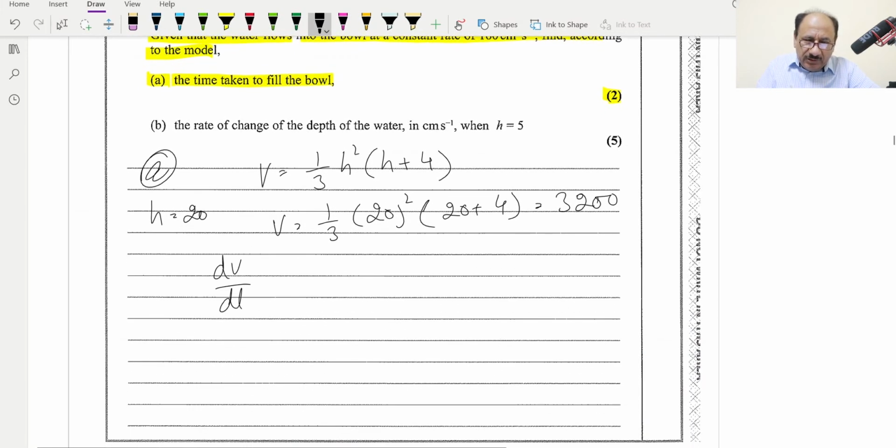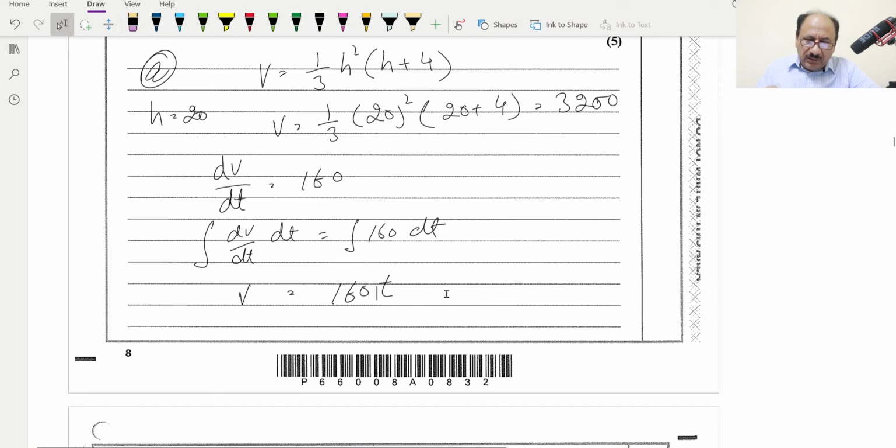Now dV over dt is provided. dV over dt is equal to 160, and if we integrate this, the integral of dV over dt with respect to t will be the integral of 160 dt, and V will be equal to 160t.